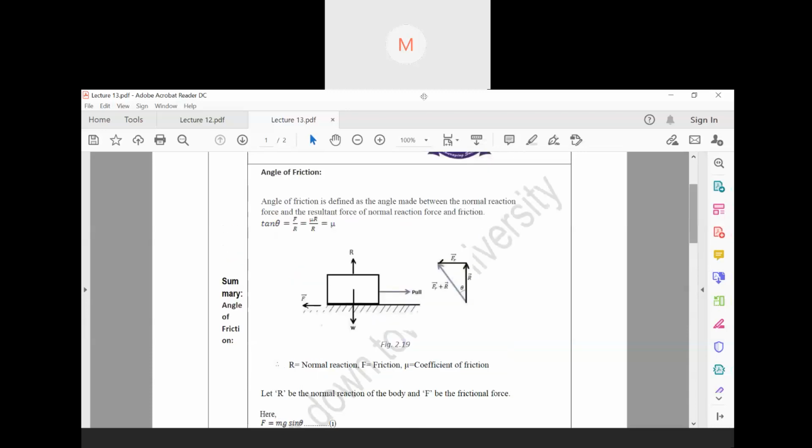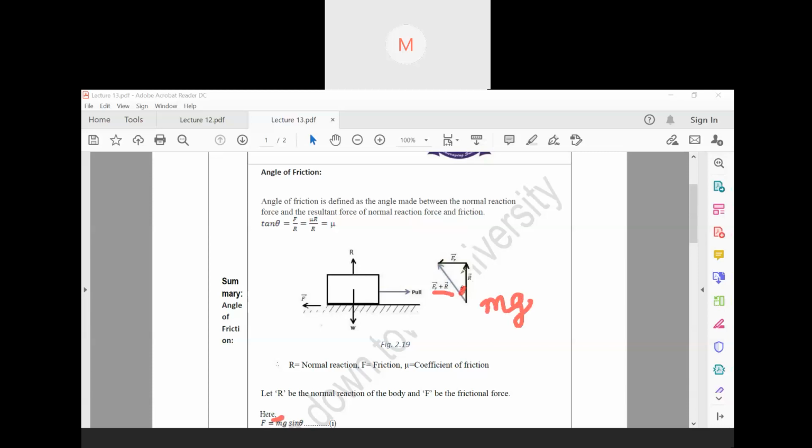Look at this diagram. In this diagram, what is there? This is theta, yes or no? Now, if this is theta, then F plus R equals what? I told you, F plus R equals mg.